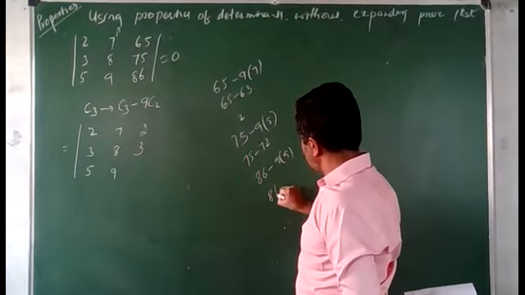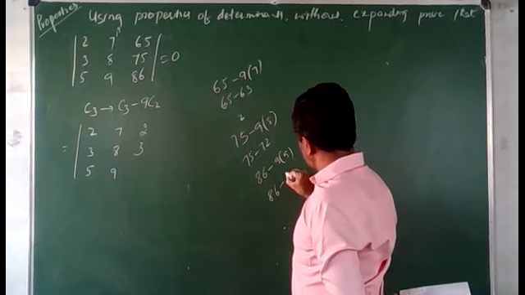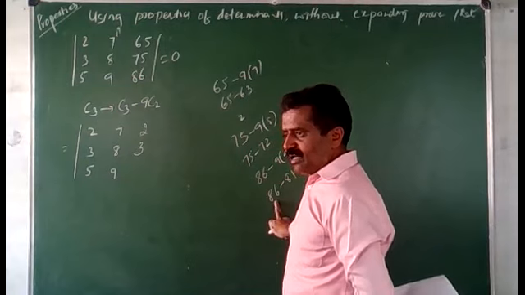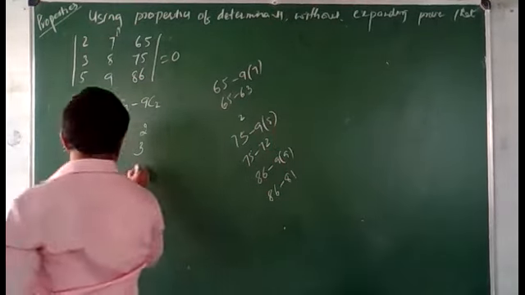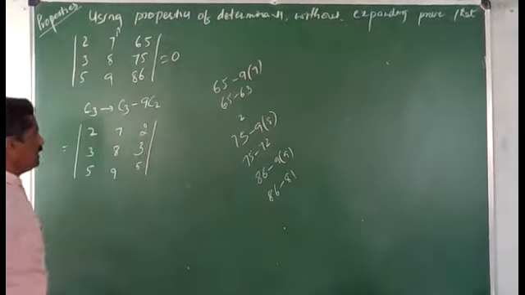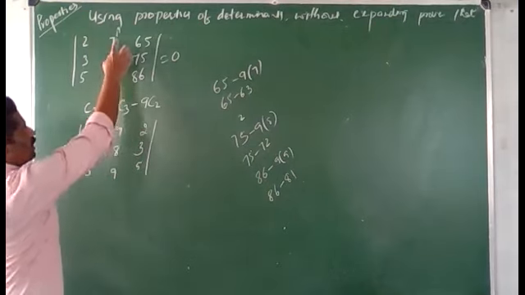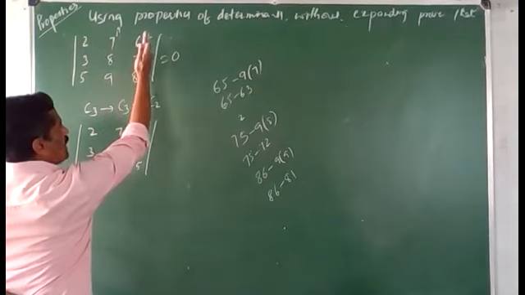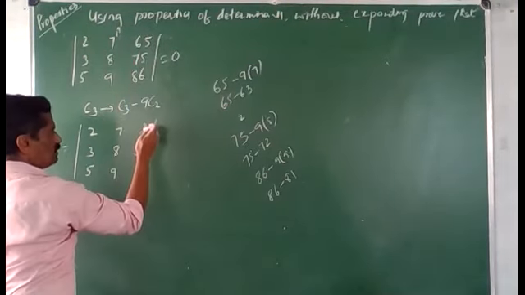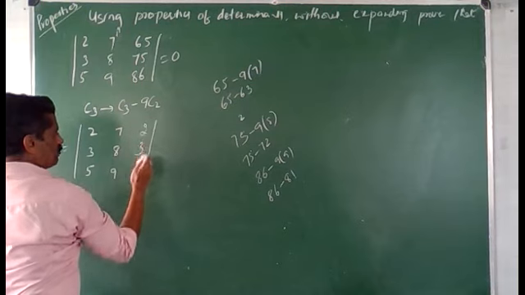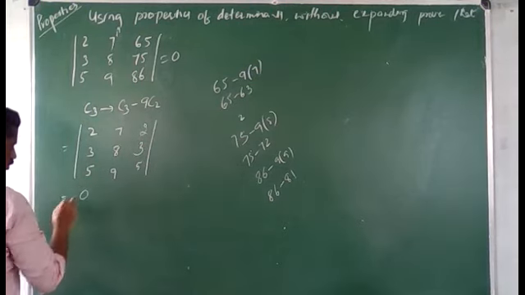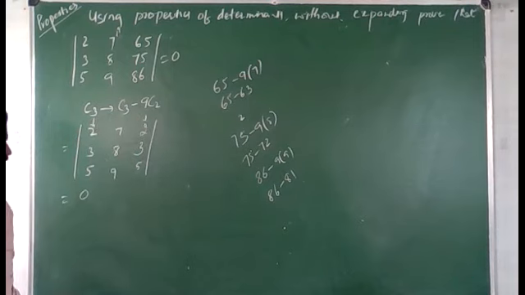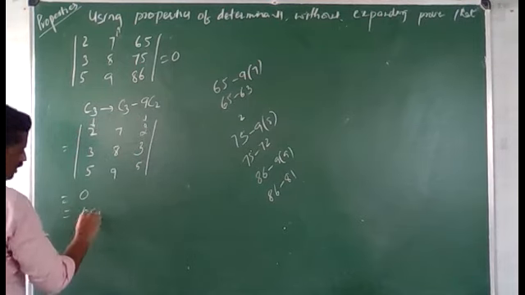Therefore 86 minus 9 into 9, that is 81. 86 minus 81 gives 5. Again, we multiplied 9 to this column and subtracted it from this one, and you get 2, 3, 5. Then that is equal to 0. Why? Because the first column and the last column are identical. That is equal to RHS.